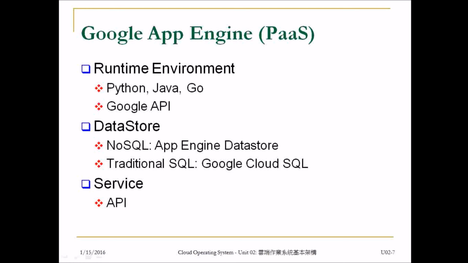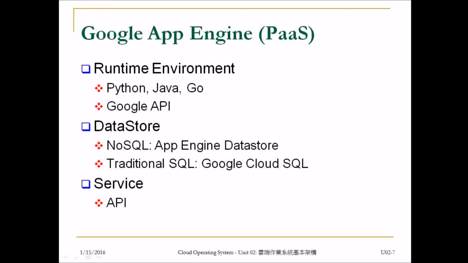In addition, if your application or program needs support from Google, maybe search engine, maybe Android, maybe Google email, Gmail, maybe Google Drive, then you can use the existing Google API.